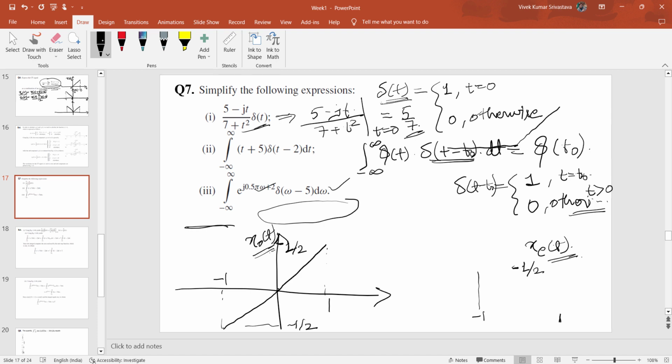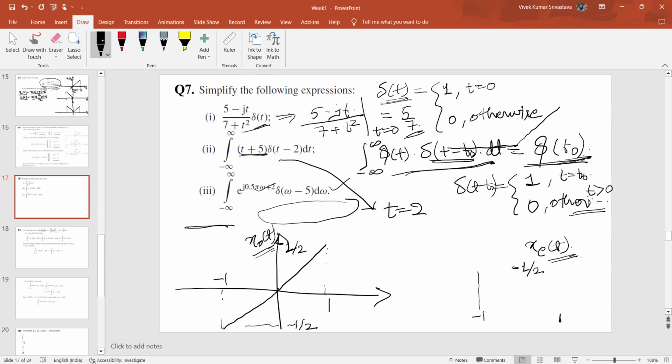Okay, so once you integrate any function with this delta of t minus t naught with the limit of minus infinity to infinity, you will get the value of this function only at t equals t naught. So for solving this problem, we will take t equals 2.